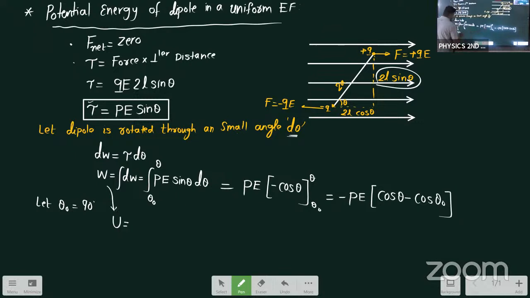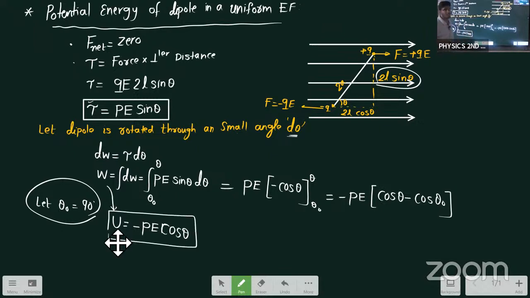So this formula will become minus Pe. What is the value of theta naught? Theta naught is 90 degrees. So what is the value of cos 90 degrees? Cos 90 degrees will become 0. So what will be our final answer? U is equal to minus Pe cos theta. So this is the final expression for the potential energy of an electric dipole placed in a uniform electric field.